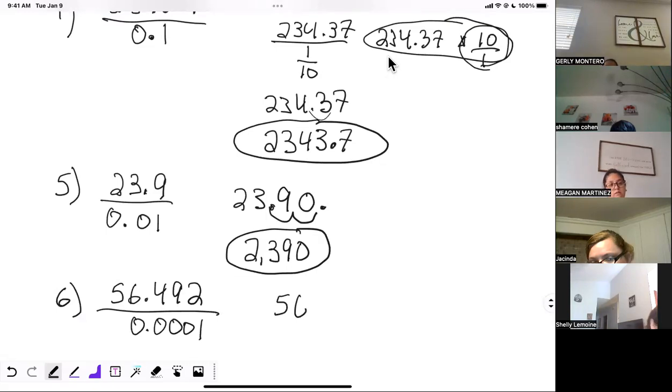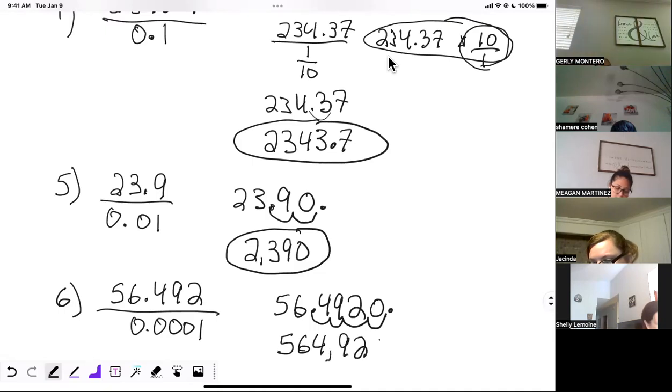So 56.492, I'm going to move it 4 places. 1, 2, 3, 4. Means I have a 0. My decimal is going to be there. So it would be 564,920. Any questions?